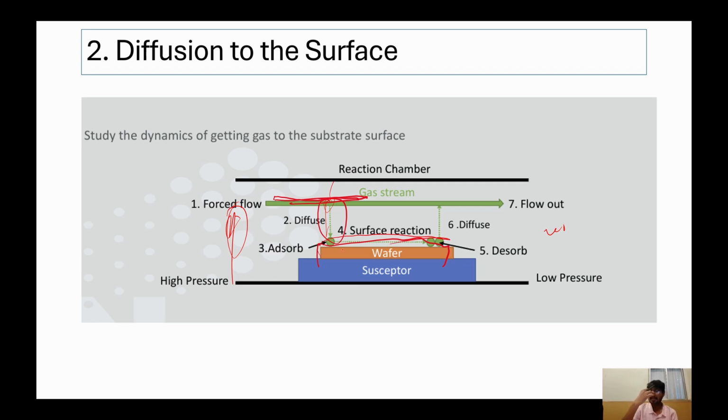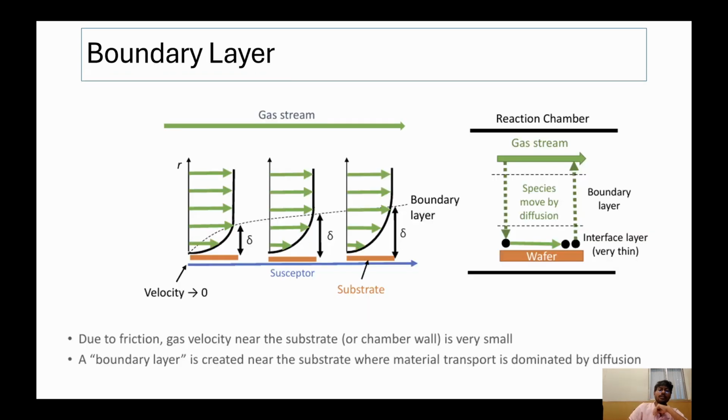So the fresh precursor should diffuse from this point to this point. That you can control with the pressure of the gas. The higher the pressure, the more the diffusion, and that is Henry's law. From higher concentration to lower concentration it happens. That is the thing that we will see.